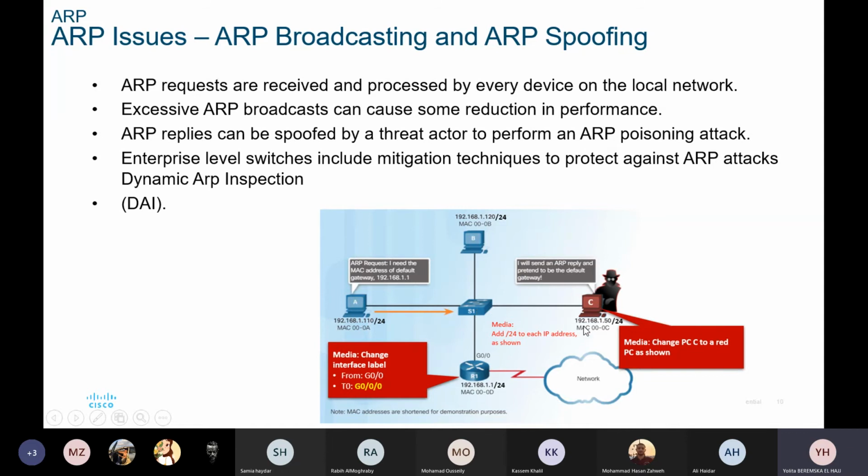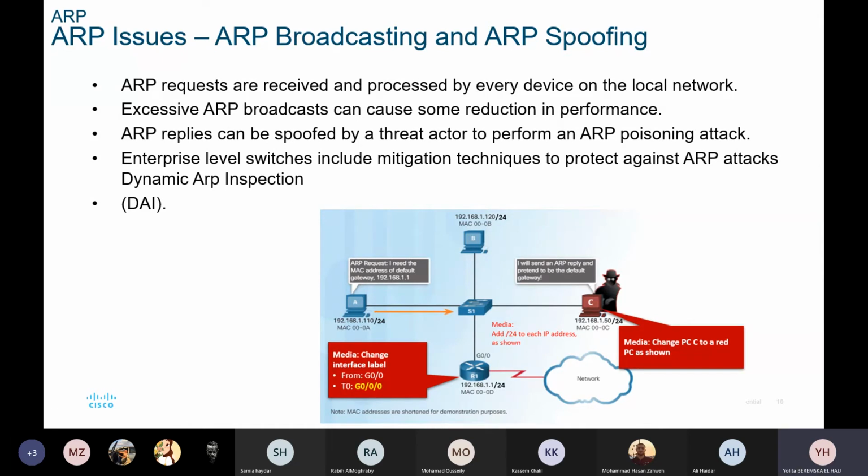If at this time some intruder or attacker or hacker connects his device, this especially goes for wireless connections, but it could also be wired, this hacker can also receive the ARP request. It can pretend that it has the existing IP address and return its own MAC address to the requesting device. So now the requesting device is going to send all information to this hacker.